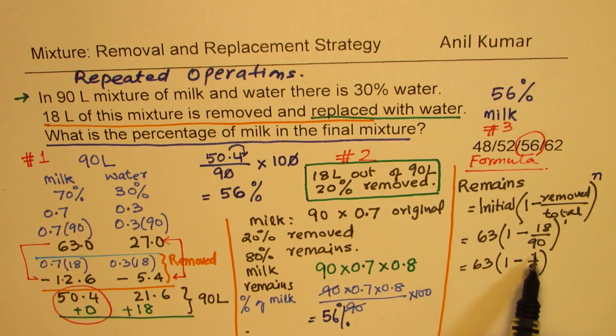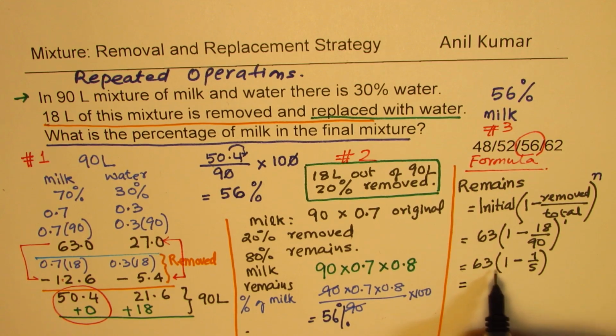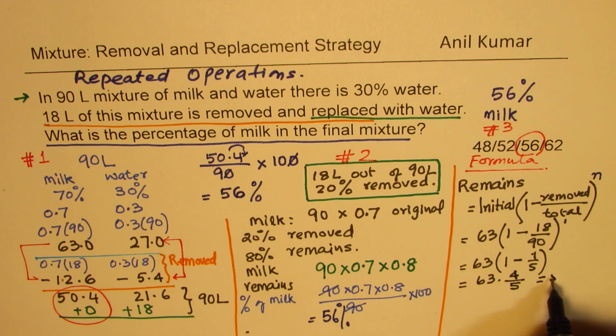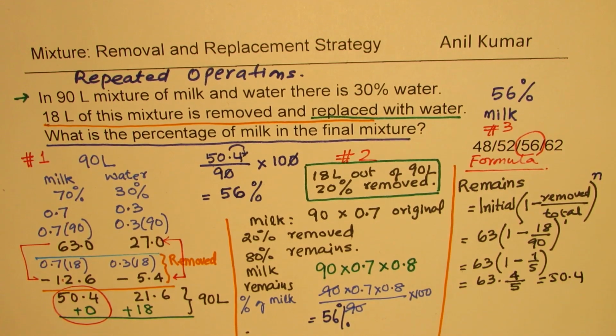If from 1 you take 1/5, what remains is 4/5, right? So 63 times 4 over 5. This gives you what remains in the quantity, and this quantity will be 50.4, correct? So we get the quantity which remains.